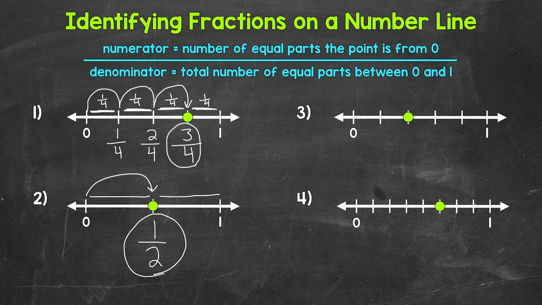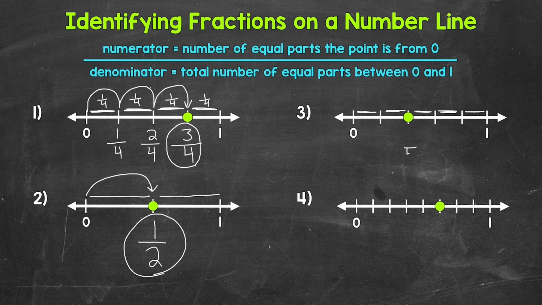How many total equal parts has the distance between 0 and 1 been divided into? Well, 1 equal part, 2 equal parts, 3 equal parts, 4 equal parts, 5 equal parts. So we have fifths here. Each part is 1/5 of the whole.